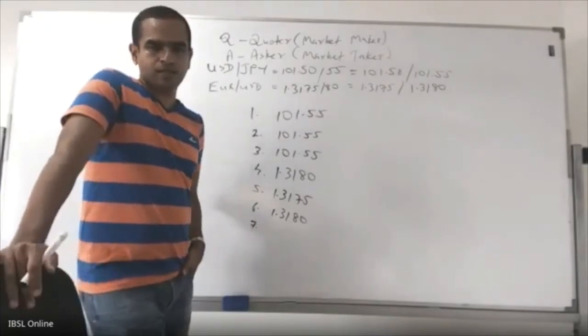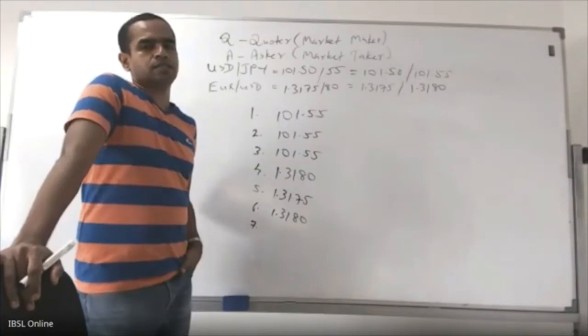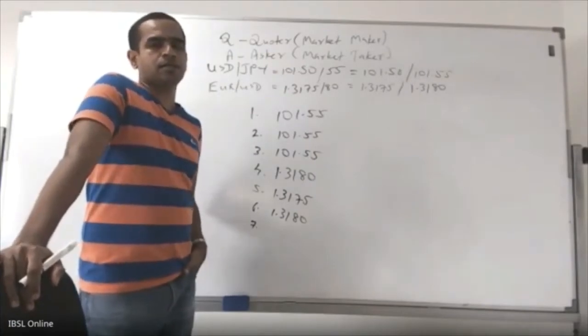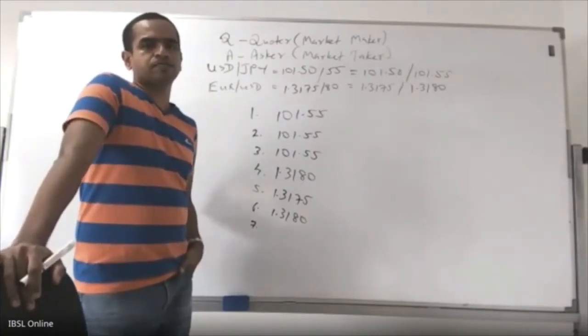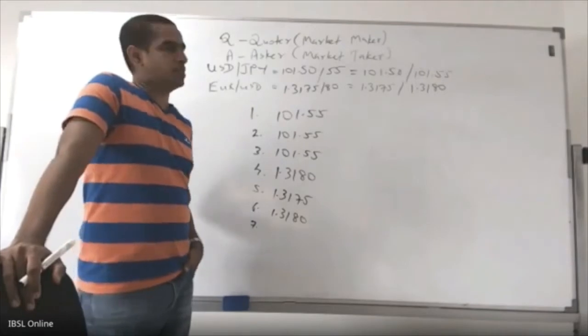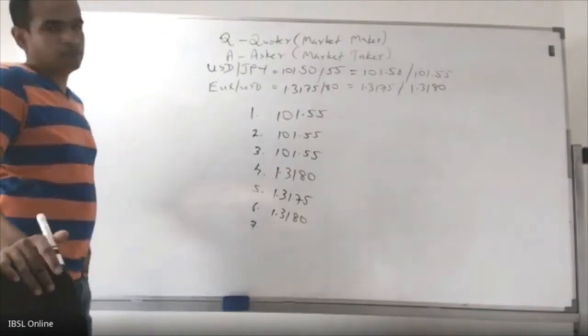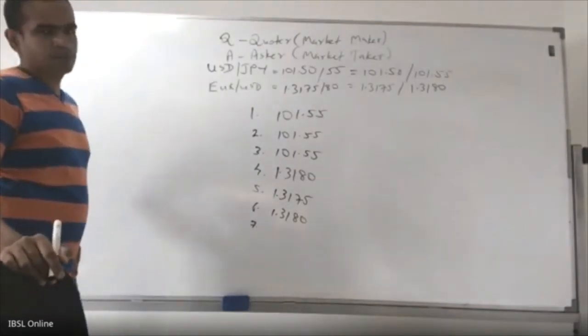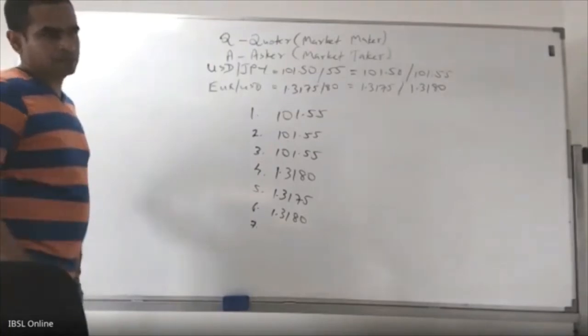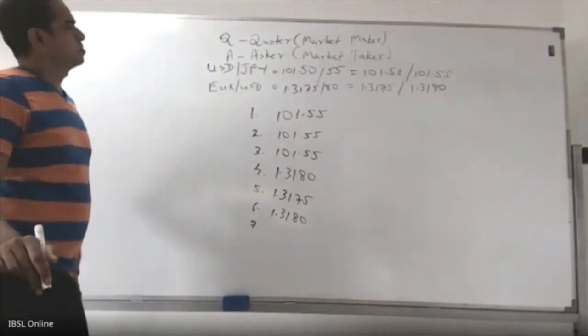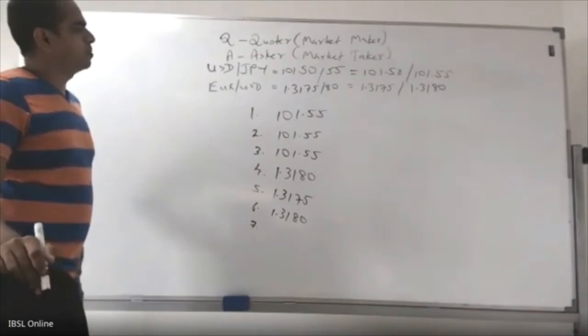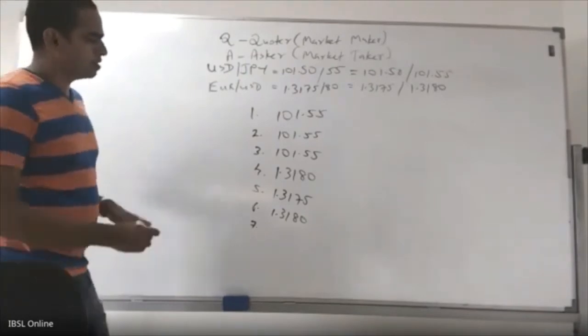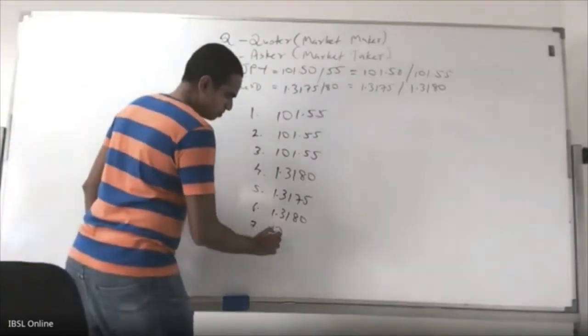Quoter selling yen means the base currency is dollar. Selling yen means he has to buy. He will be buying dollars, right? The quoter will be buying dollars at the bid. Right? It's like a supermarket buying mangoes at the bid. So the quoter will be buying dollars on dollar yen at the bid of 101.50.